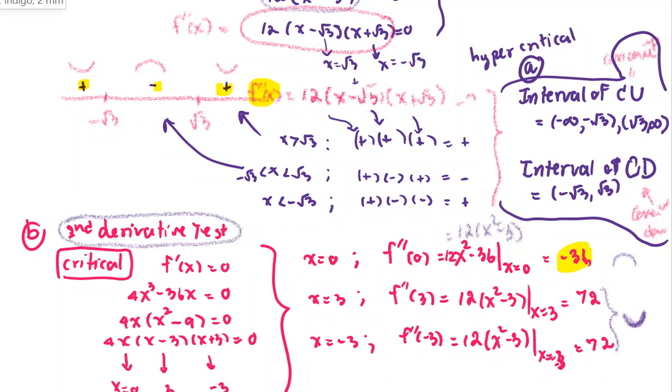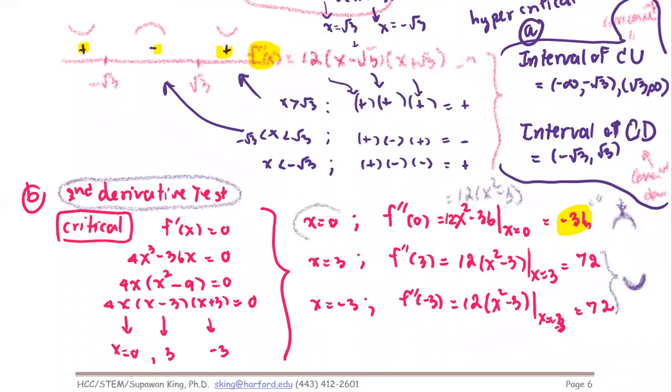If the sign of f double prime is less than 0, the graph is concave down like this. So we see the top of the graph, the top of the icon. So that means x equals 0 is gonna give the local maximum point.